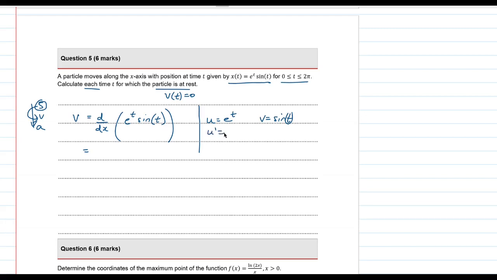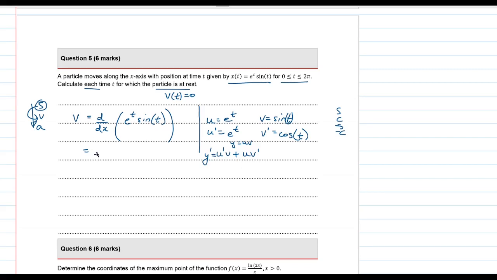Our u dash differentiates and stays the original function, and sine differentiates to cos t. And the derivative is given by u dash v plus u v dash.